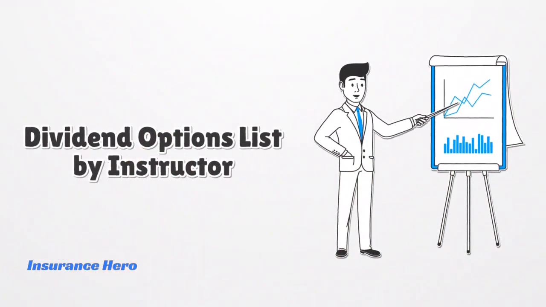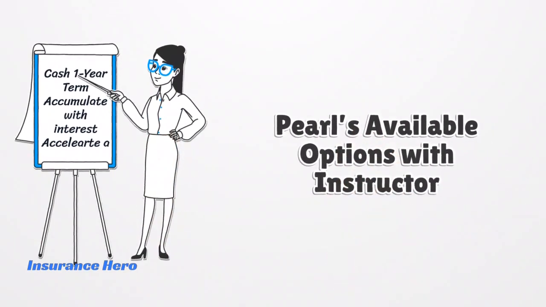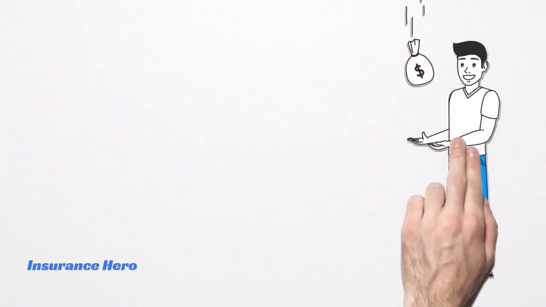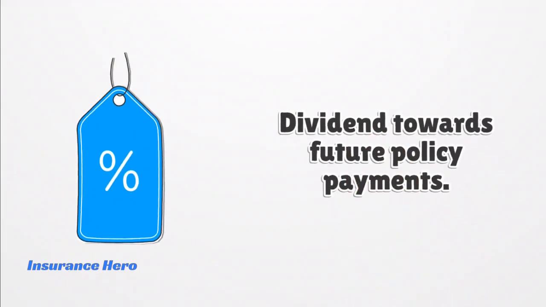Pearl's options are: Number 1, receive the dividend in cash. Number 2, apply the dividend toward future premiums.